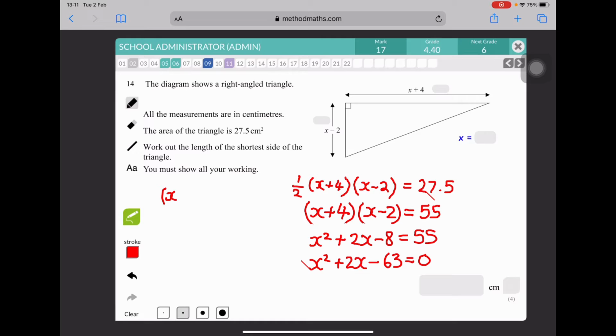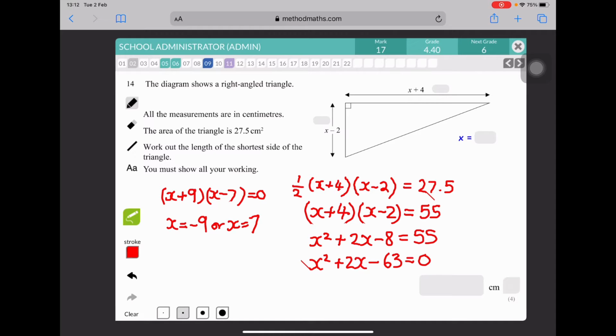I'm thinking 9 and 7. The 9 and the 7 has to be negative. So x equals negative 9 or x equals 7.